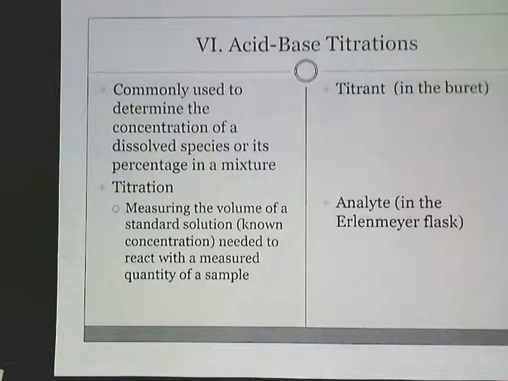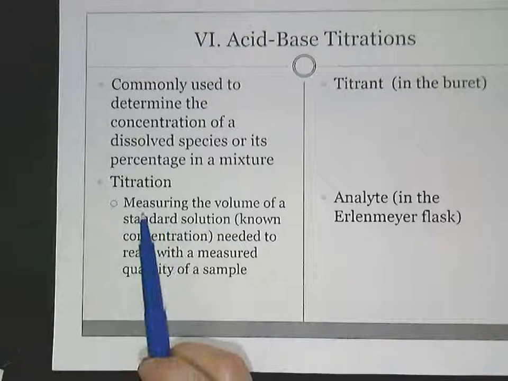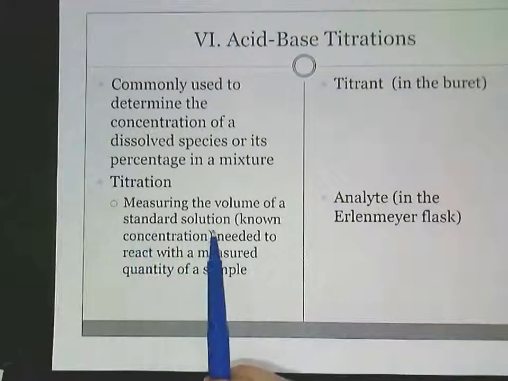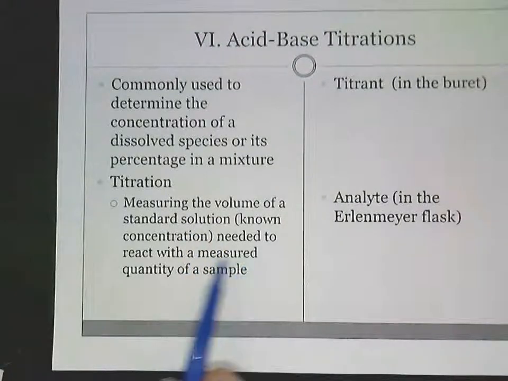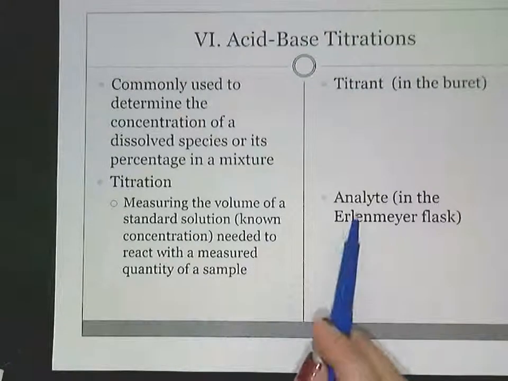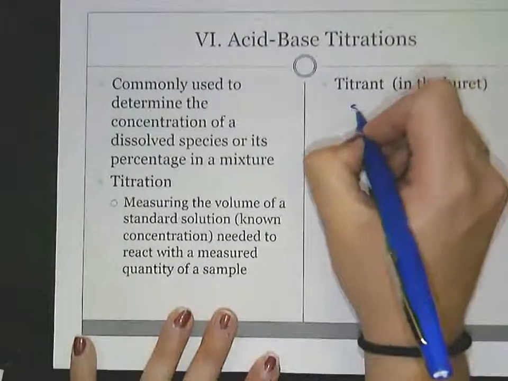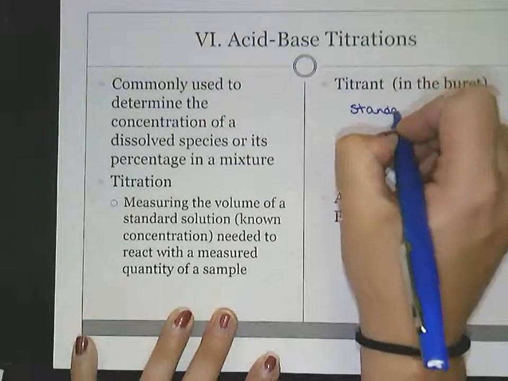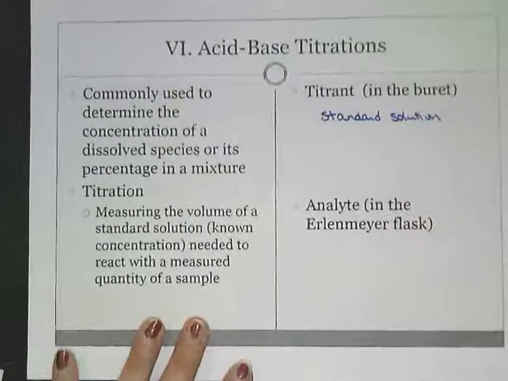So titration requires you to know the volume of a standard solution. That's usually the thing in the burette. And you need to know how much is going to react with what's in your sample. And the sample is usually in the flask. So your titrant is your standard solution, typically.